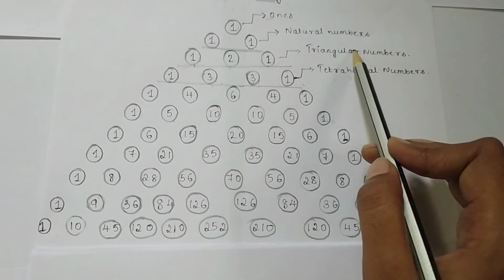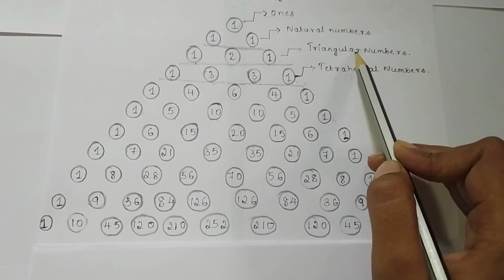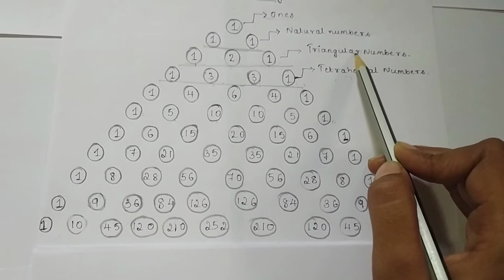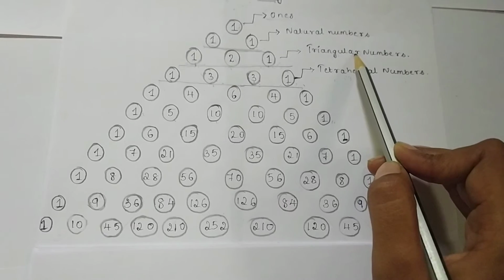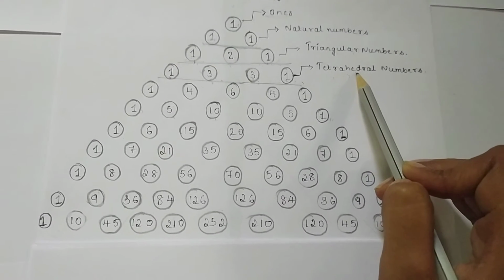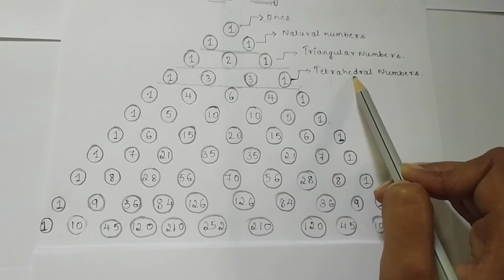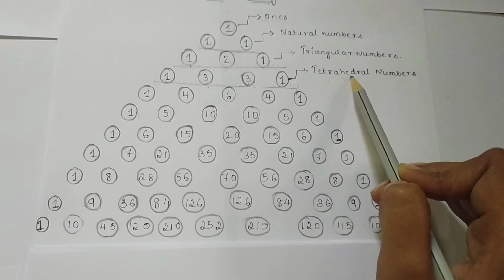Let us see what triangular numbers and tetrahedral numbers are. The triangular number is the number of dots it takes to make triangles of various sizes. And tetrahedral numbers represent the number of dots needed to make pyramids with triangle bases.